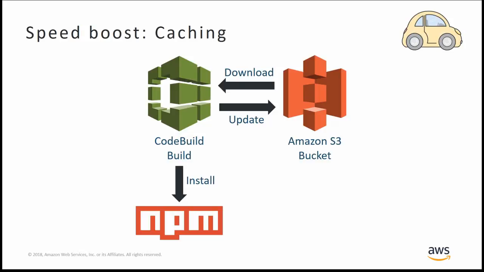So at the beginning of the build, it will download from an S3 bucket, wherever your cache is stored. You can, on top of that, install all the rest of your dependencies. So when you're using caching, you only have to install from the NPM registry whatever's changed, whatever's not yet in your cache. And then at the end of the build, it will update the cache in S3.